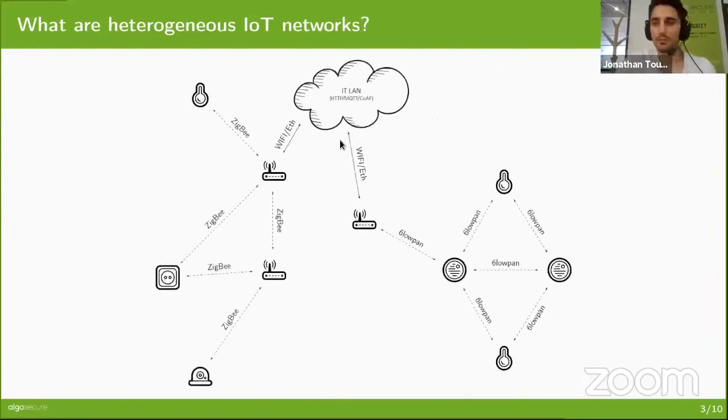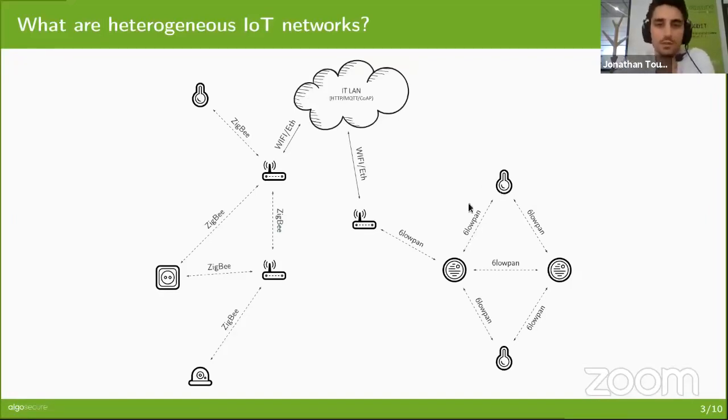Sometime later, maybe months, maybe years, you want to extend the IoT network, and a new protocol is released with better performance and more suitable for your needs or requirements. In this case, it's the 6LoWPAN protocol. So I choose this protocol and I want to deploy it in my network.